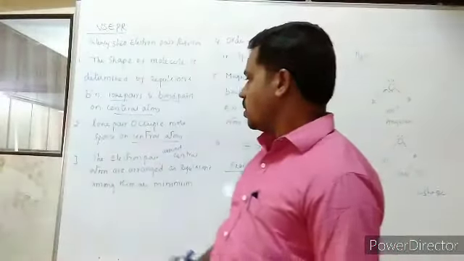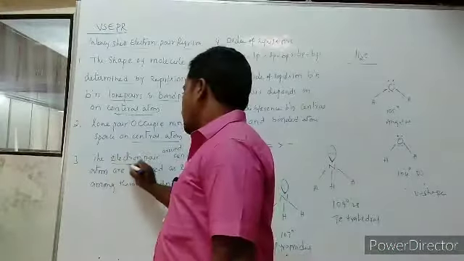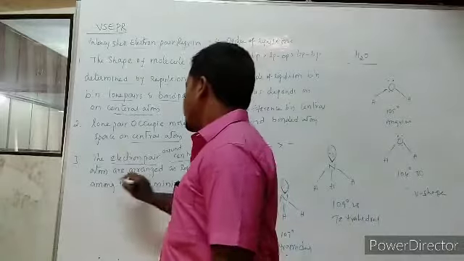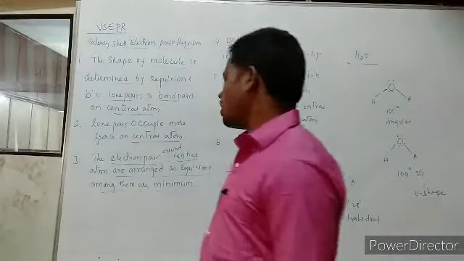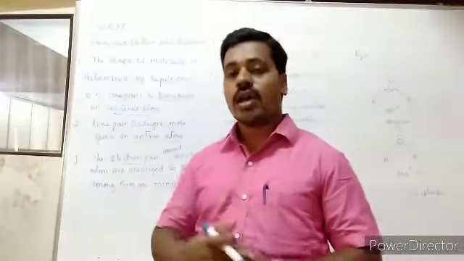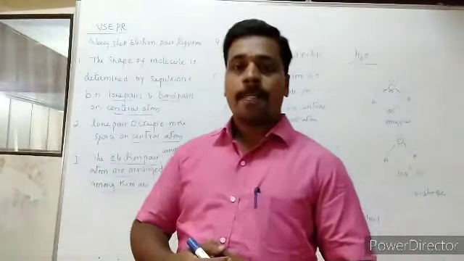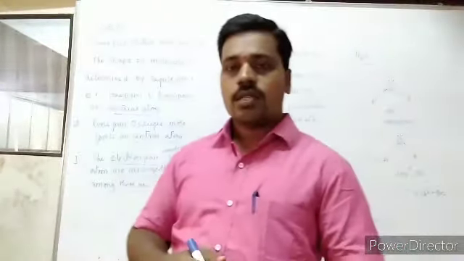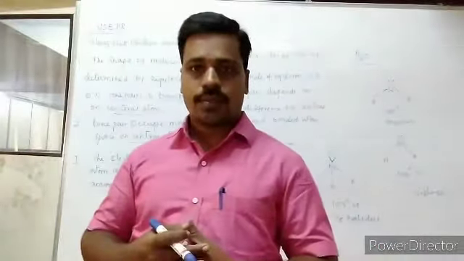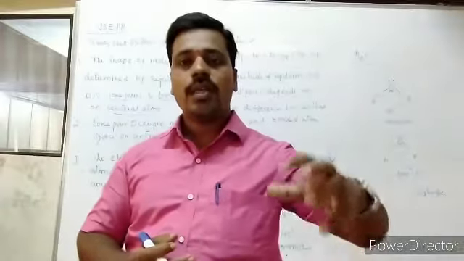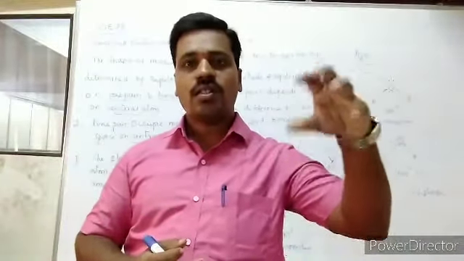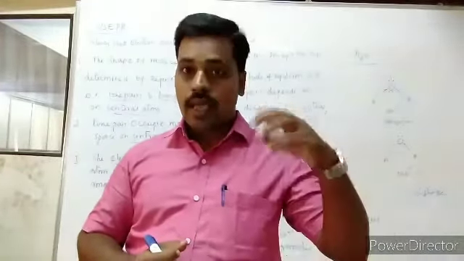After that, the electron pairs around the central atom are arranged such that the repulsions among them are minimum. I have told you that lone pairs occupy more space on the central atom. So how are they arranged?